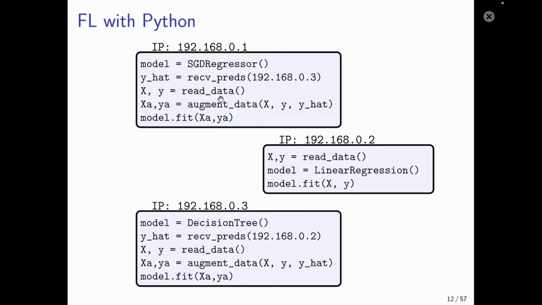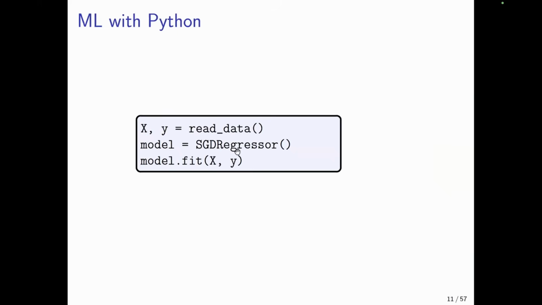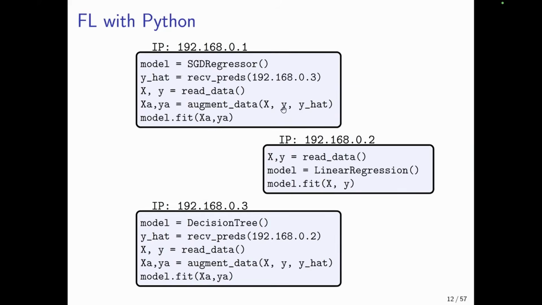In Python, this can look very simple, almost trivial. If I look here at the machine learning implementation in Python, we read in data, we define a model, and we train the model. So what is the difference in federated learning? In federated learning, we have several devices. These devices must communicate somehow with each other. Let's say they have an IP address, and we can send and receive data from another device by using their IP address.